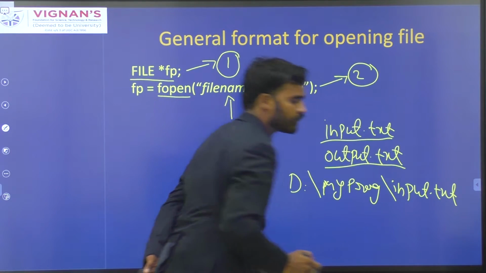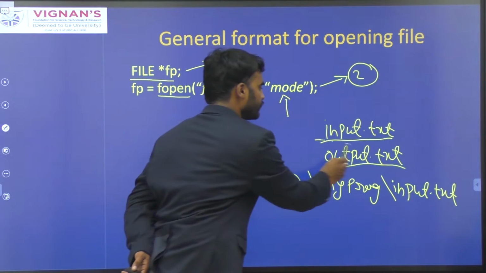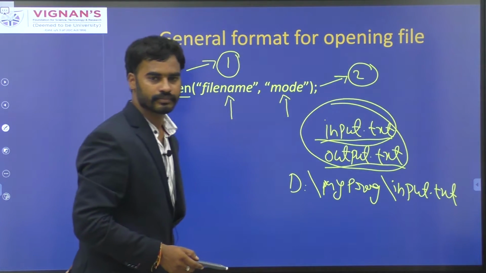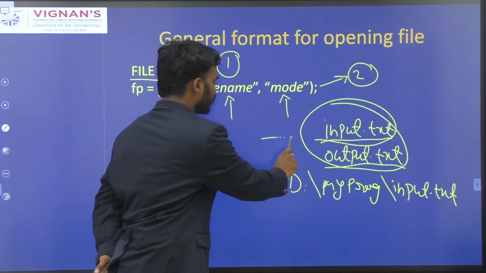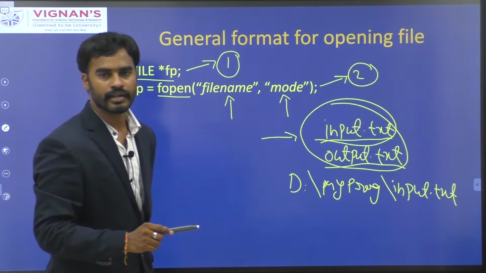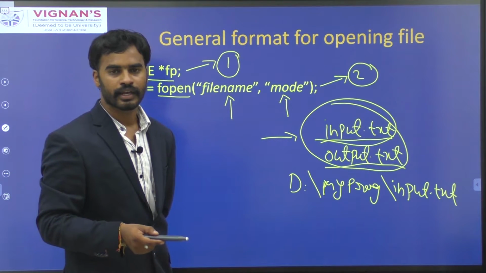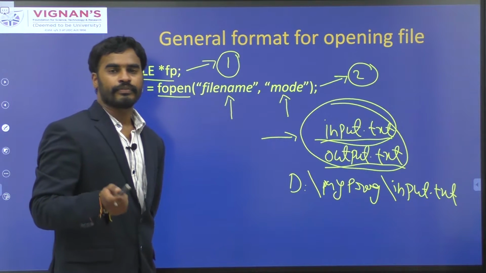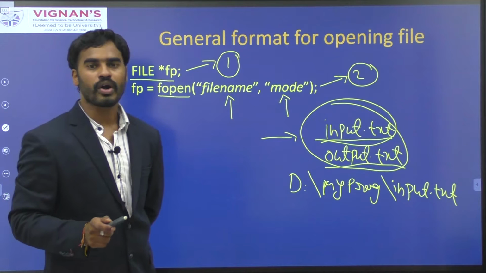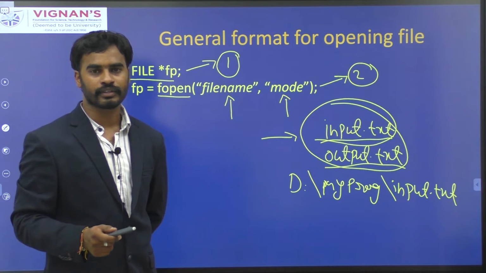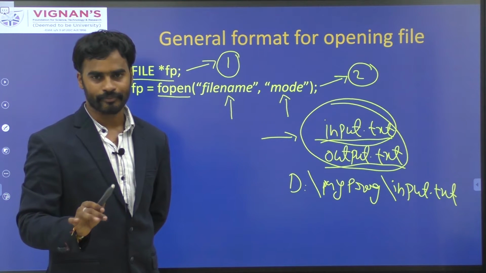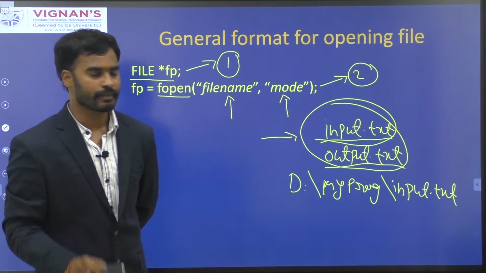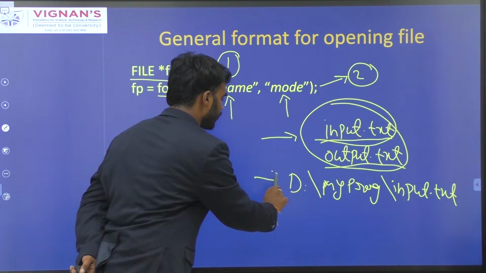This is a simple file name. You can use this approach if your source code and the file which you are working with exist in the same folder. If they do not exist in the same folder, you must specify the complete path like this, where your file actually exists.